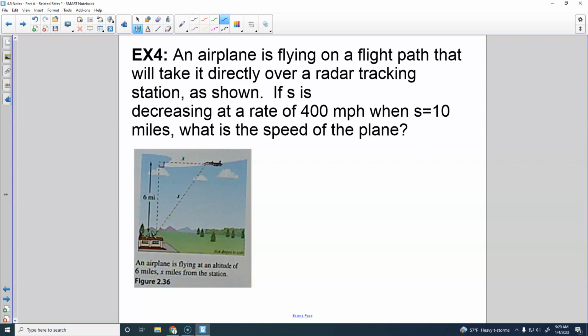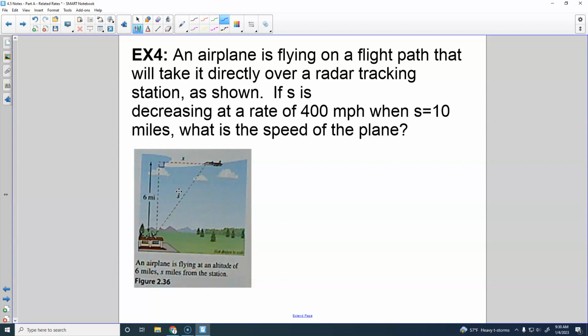So to me this makes a lot of sense, because this little radar, satellite or whatever is got to be measuring the distance to the plane. But what it really wants to know is how fast the plane is going, right? But it's measuring the speed at which S is changing, because its waves bounce off and come back.